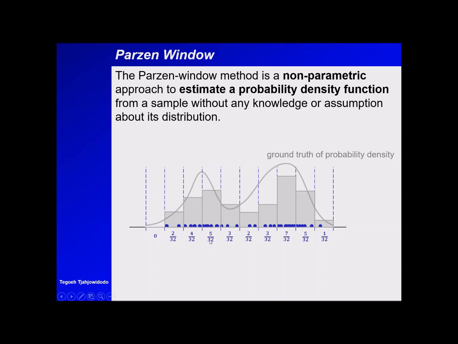But then something comes to my mind. Why do I have to approximate it as a rectangle here? I have scientific freedom to approximate it with any function. This is just my assumption to approximate it with a rectangle. Why don't I approximate it as a second order polynomial like this?